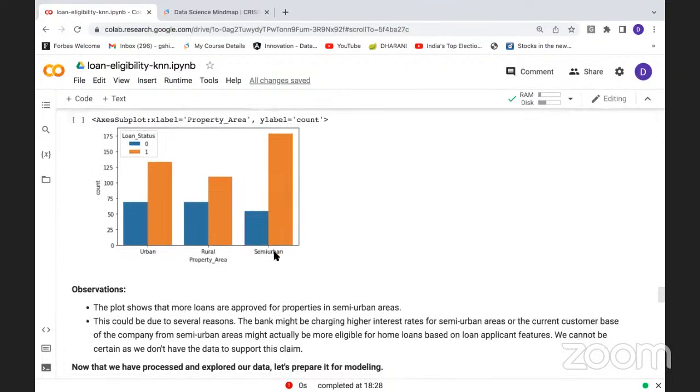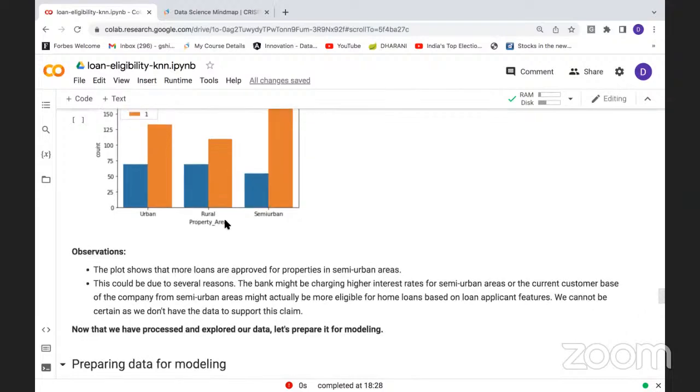More loans are approved only for semi-urban people. But this could be for several reasons, right? Maybe the bank is charging more interest rates for suburban areas, or maybe these are more eligible for home loans based on the features of the loan applicant. We cannot take a call just by looking at the plots also.